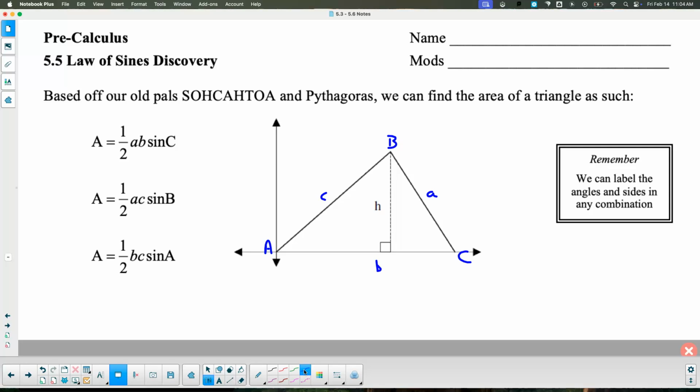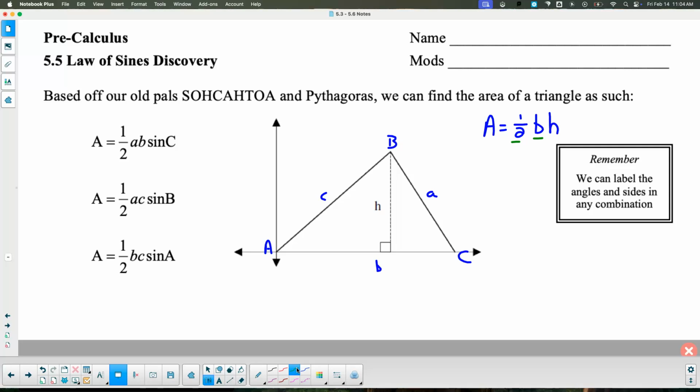Well, the area of a triangle, remember, is 1/2 base times height. So in this particular case, it would be 1/2, and then B is the base. That's kind of why I did it that way. That's 50 years of knowledge right there. And then we just have to figure out this height.